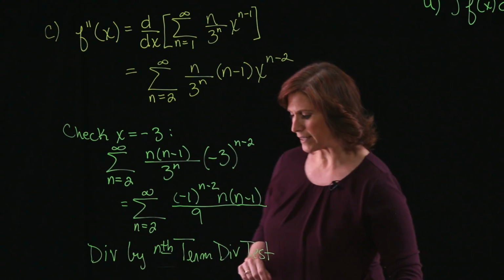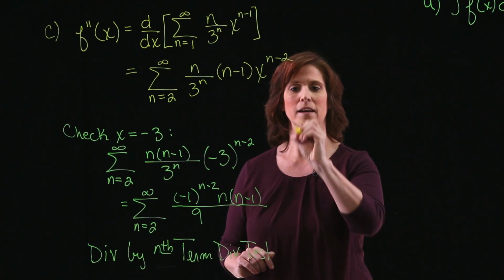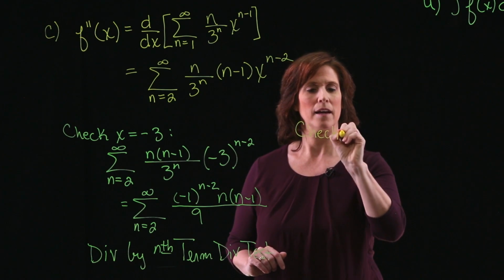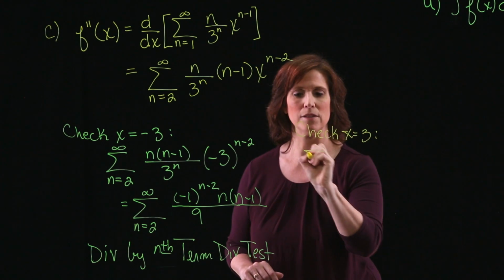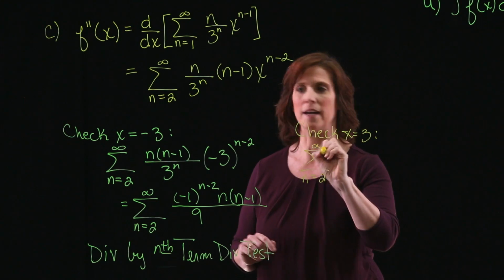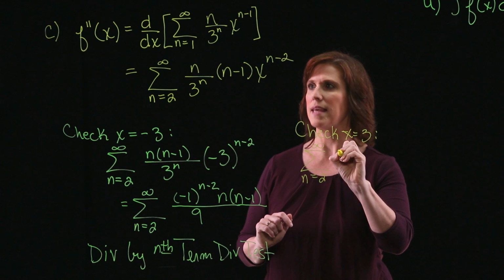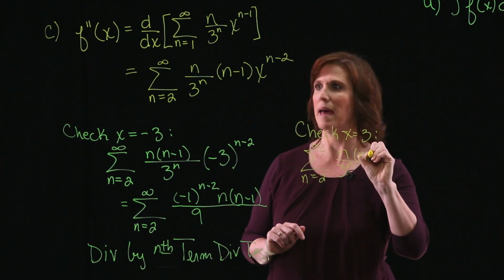Now I have to see what happens at x equals 3. So let's check x equals 3. All right, so what does my series look like now? I'll have the series from n equals 2 to infinity of n over 3 to the n. And then, of course, I'm multiplying by n minus 1.